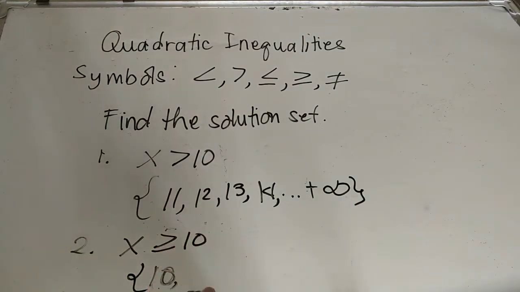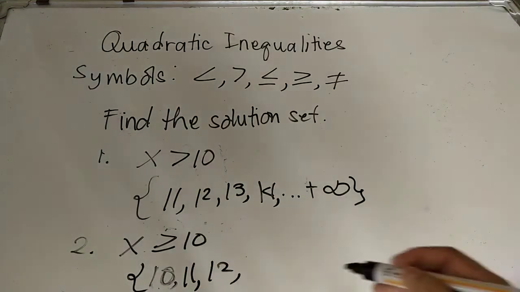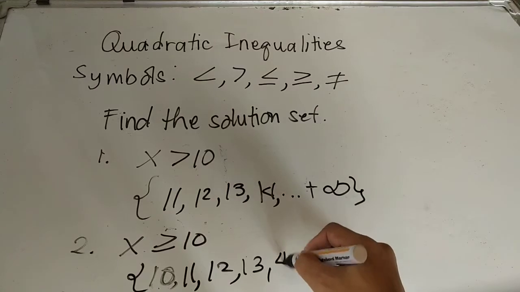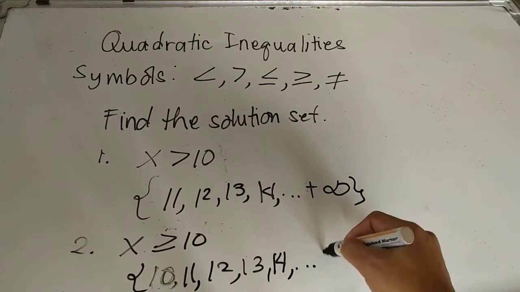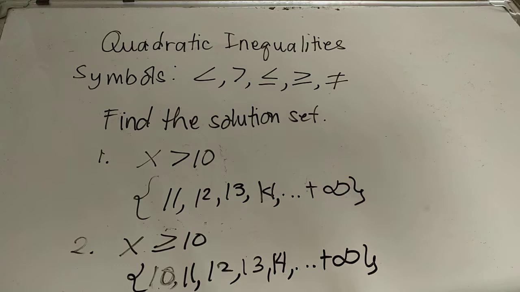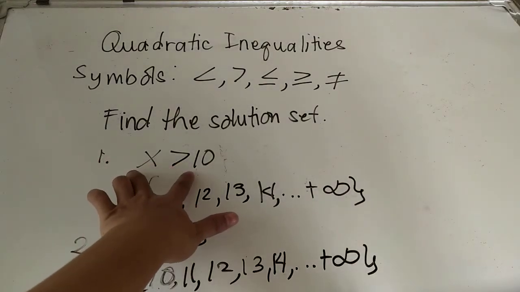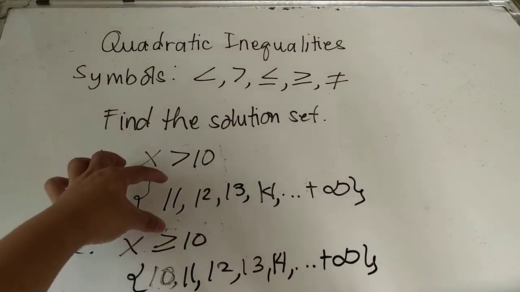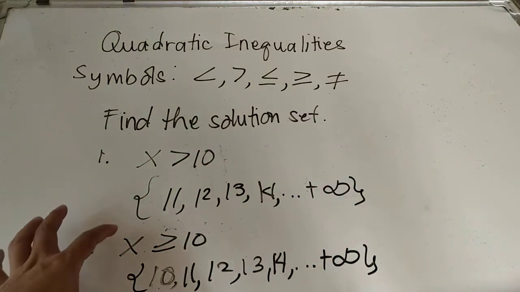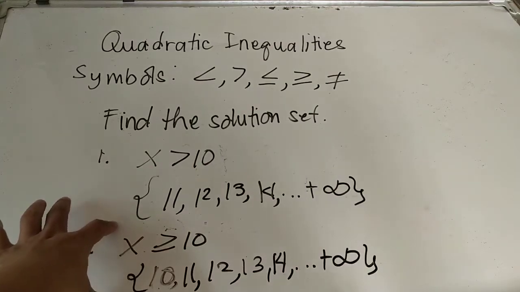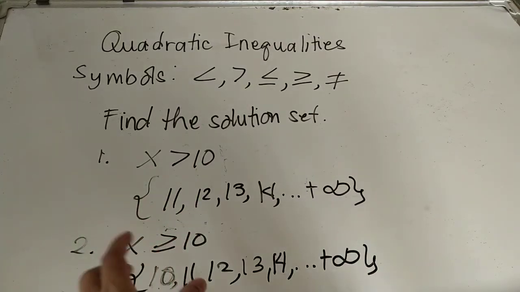You start from 10, 11, 12, 13, 14, up to positive infinity. So, ano yung pinagkaiba na itong dalawang examples na ito? Siyempre, sabi dito sa first example natin, x greater than 10, so you start from 11, 12, 13 up to positive infinity. While sa example number 2 naman natin, x greater than or equal to 10, so yung 10 natin is part of the solution set, since sabi dito sa inequality symbol natin, greater than or equal to 10.